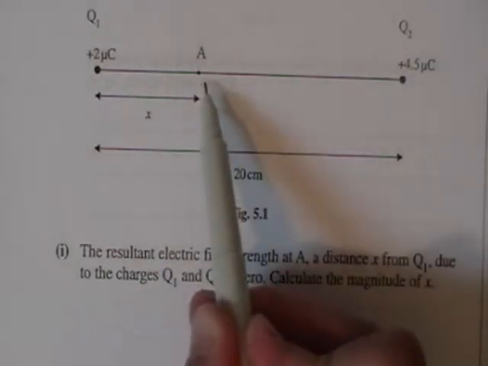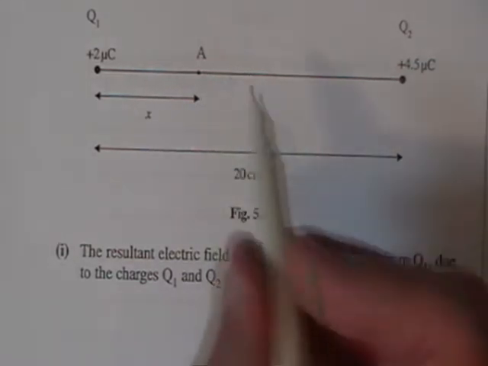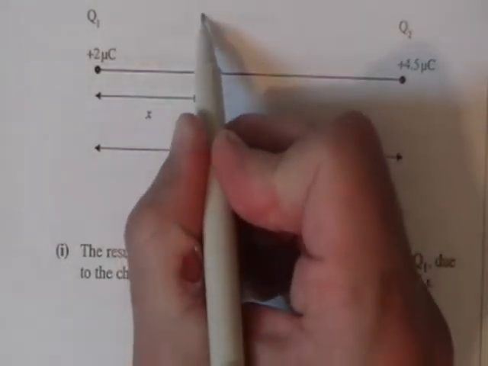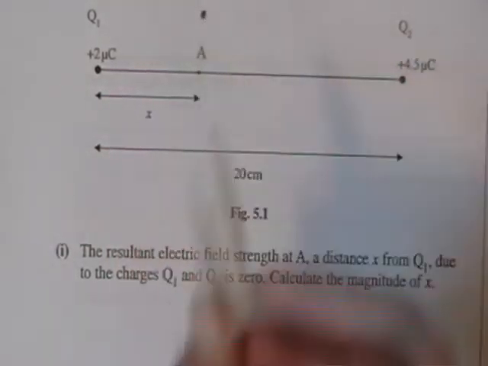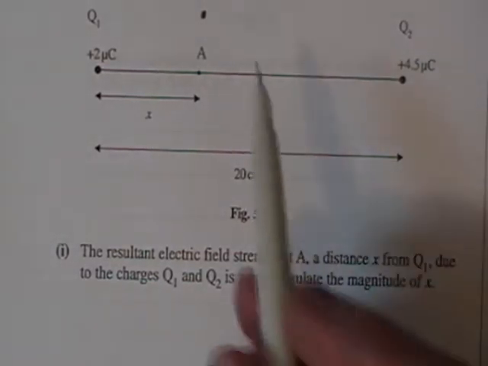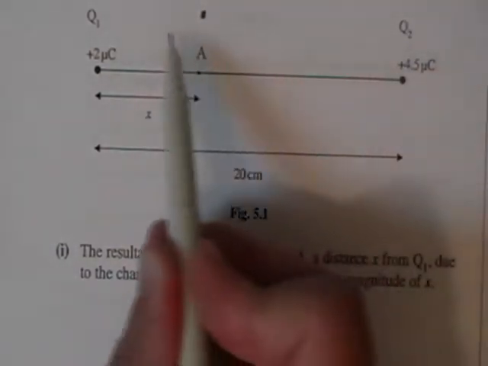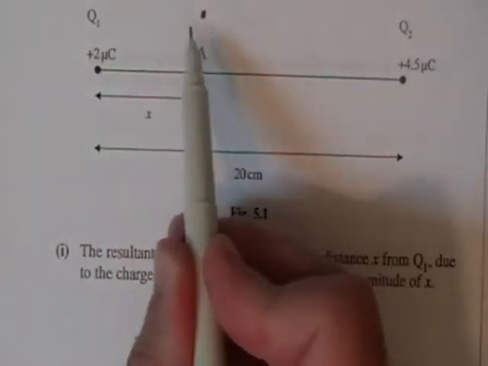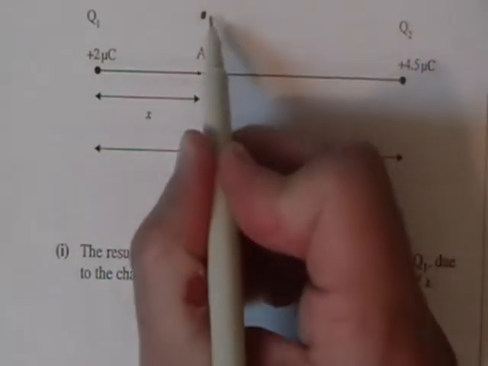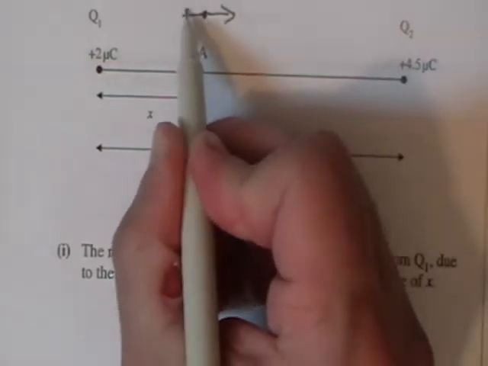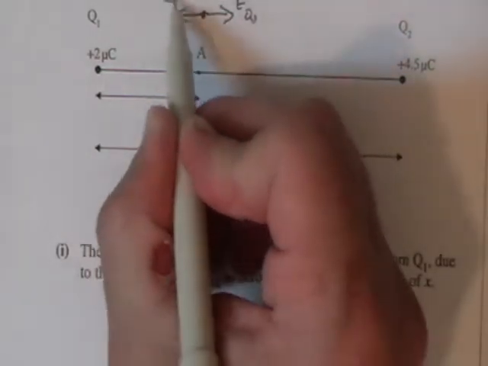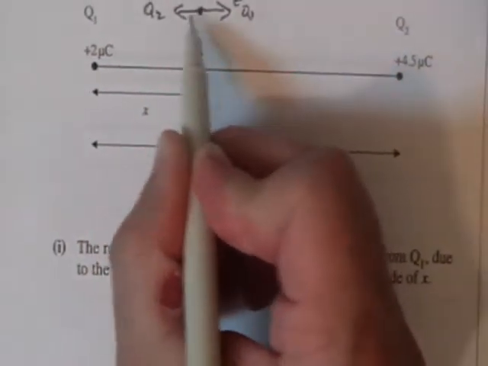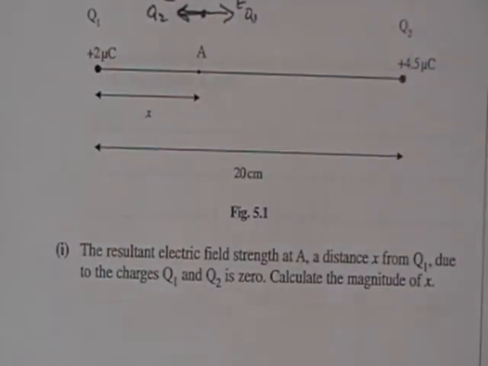So if we placed a positive charge here, it's pushed by Q2 in this direction and by Q1 in this direction, so the E due to Q1 and the E due to Q2 must cancel each other out.